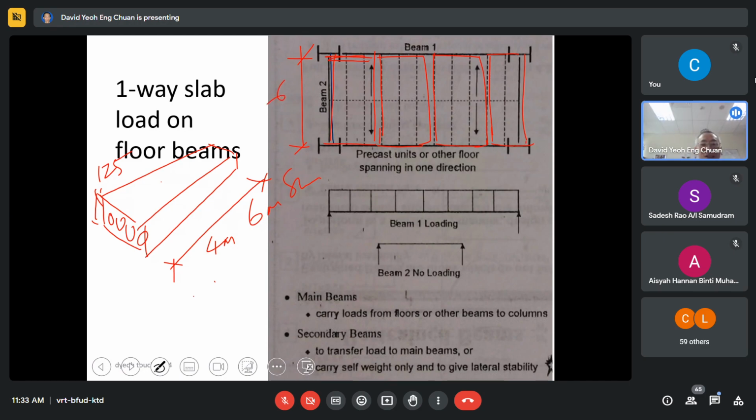If this is 6 meter, then it will be 6 meter. And then they will put a grouting to lock here with steel bar.